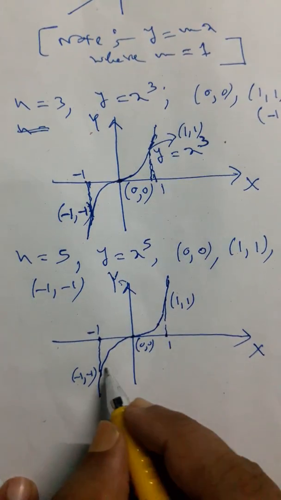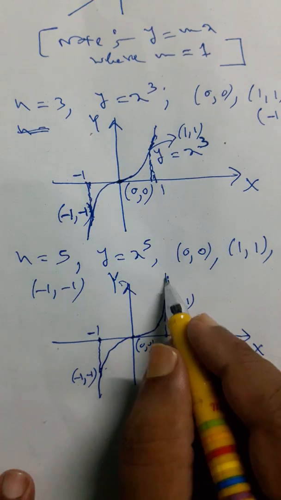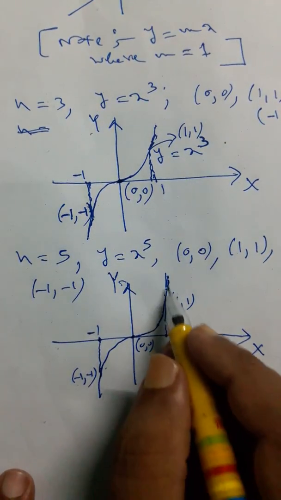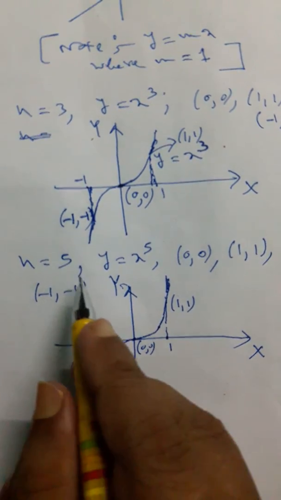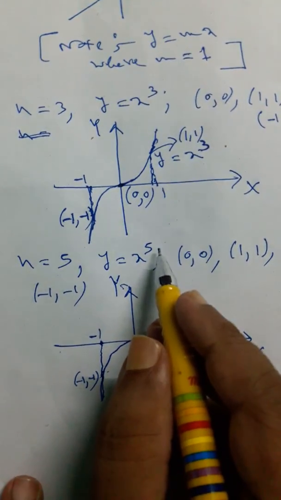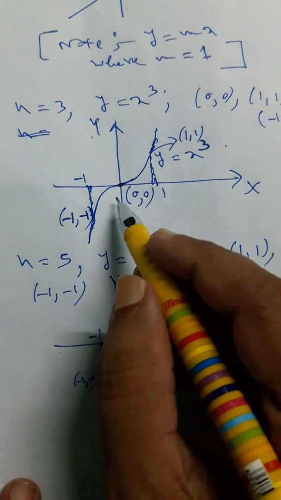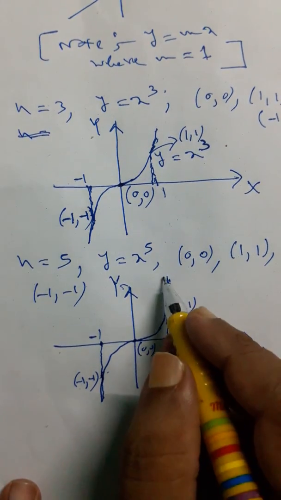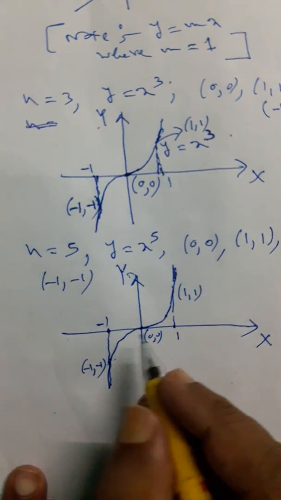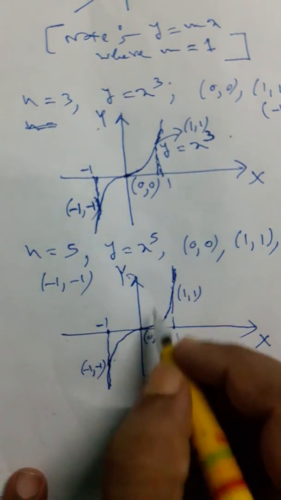It is also noticeable that this curve is steeper than the earlier one. This is the main difference between these two curves. This is somewhat flatter and this is steeper. In this way we can draw other, even steeper curves.